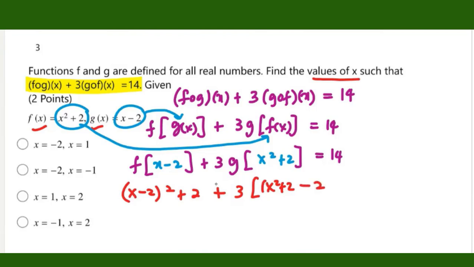Okay, or you could put a bracket to it, no problem. Without bracket also is accepted. Equals 14.